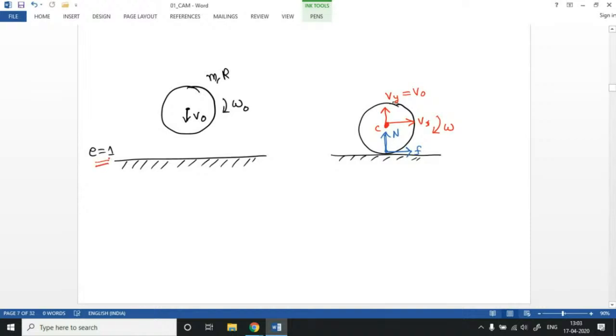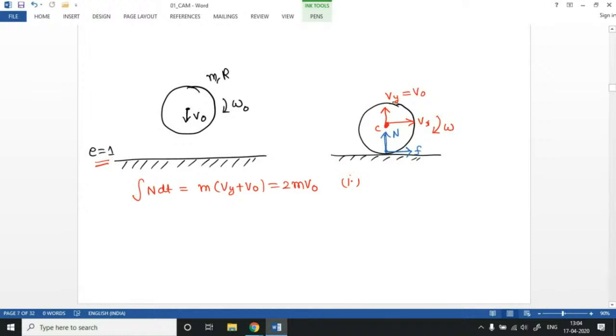If we apply the linear impulse momentum theorem along the y-axis, this gives the integral of N dt, the impulse due to the normal in the vertically upward direction, equal to the change in linear momentum, m times vy plus v naught. vy we have already got, so this will be 2mv naught. Say this is equation number 1.